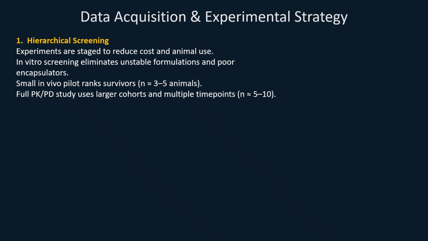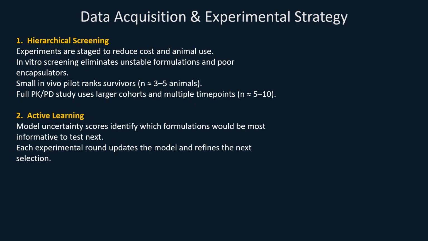Successful ones move to a small in vivo pilot, typically 3 to 5 animals, to rank formulations by biodistribution. Only the most promising candidates then receive full PK/PD characterization with larger cohorts and multiple time points.